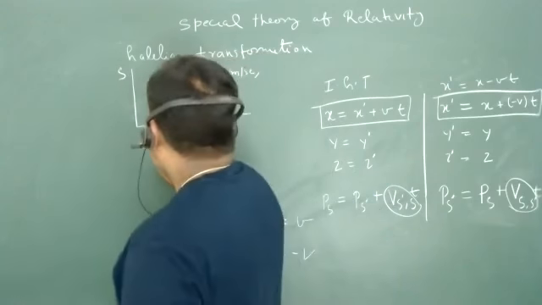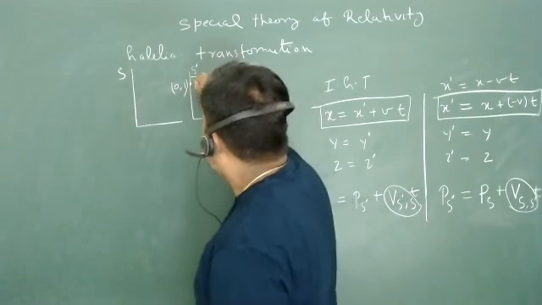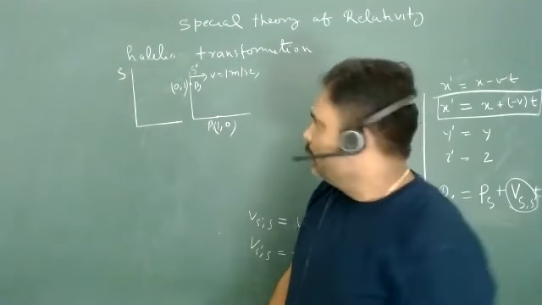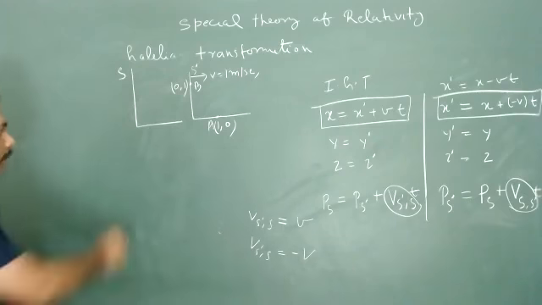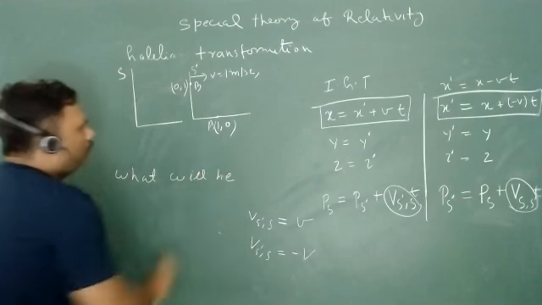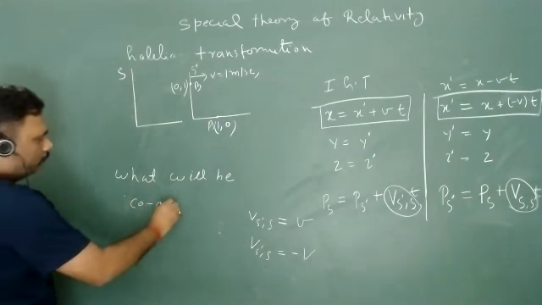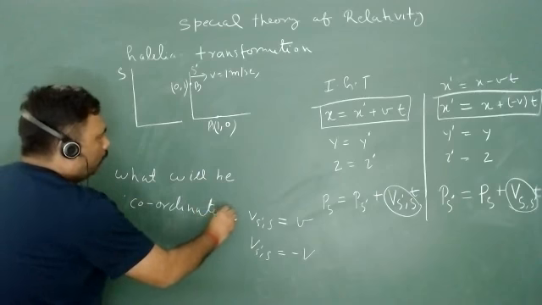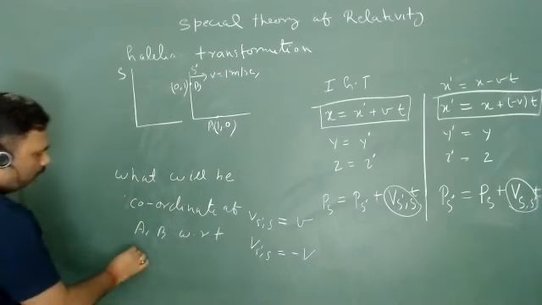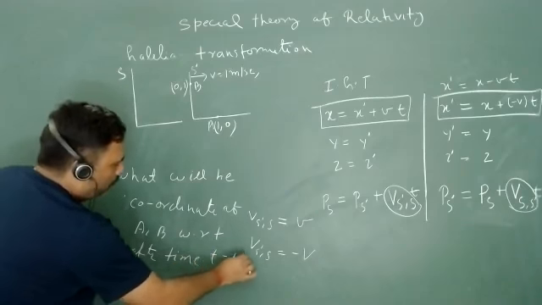So what will be these two position with respect to s after time t is equal to 1 second? My question is that what will be coordinate of A and B with respect to s after time t is equal to 1 second.